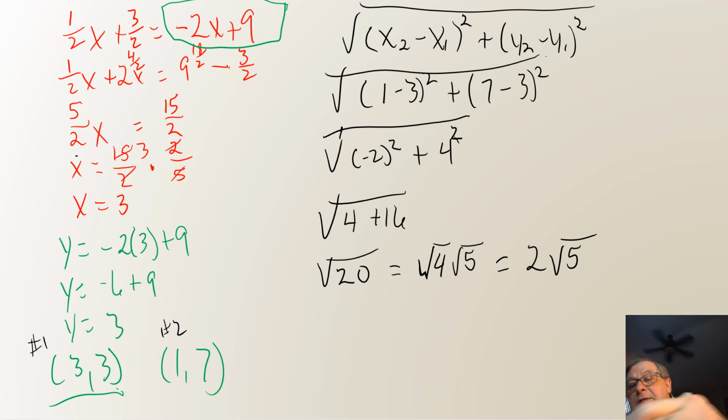Or I could even just take the square root of 20. Let's see what that is. Second x squared, 20, enter, 4.47, approximately 4.47.